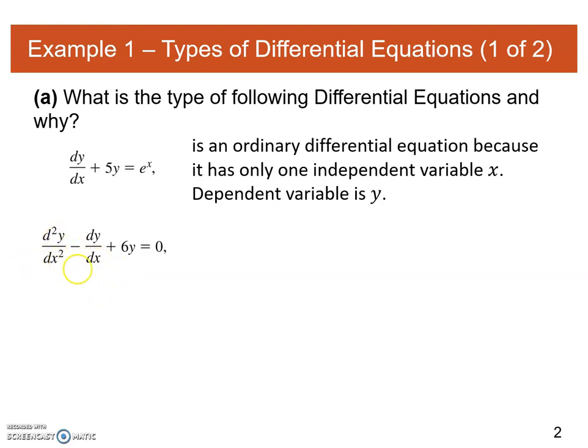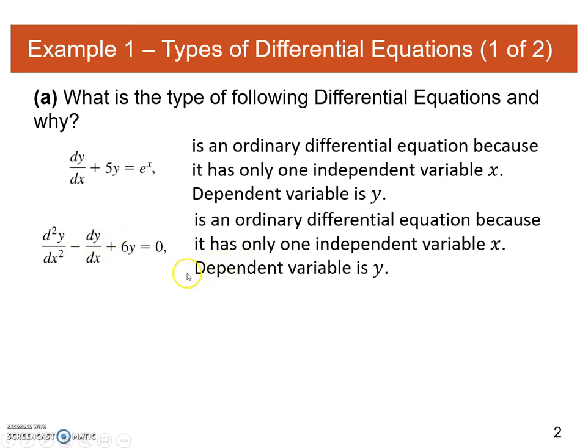Although it is different from the first equation in degree terms because it is the second derivative, and of course there is only one dependent variable y here. So the answer is that it's an ordinary differential equation.